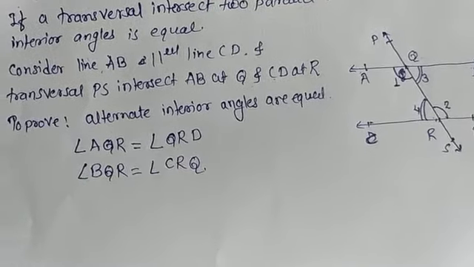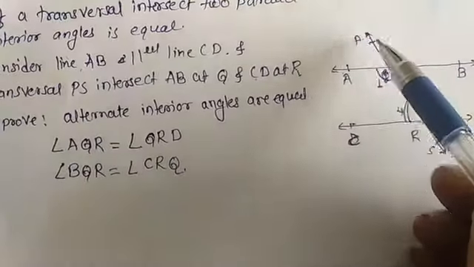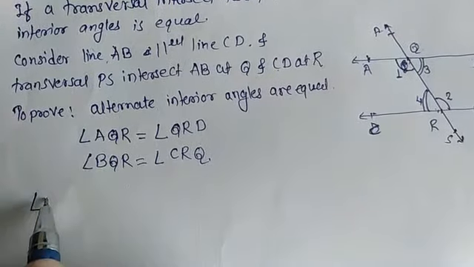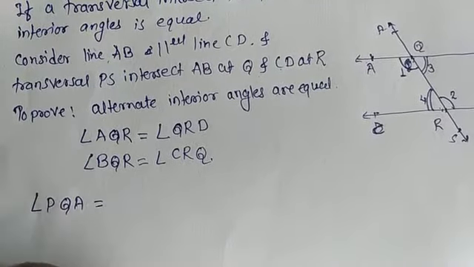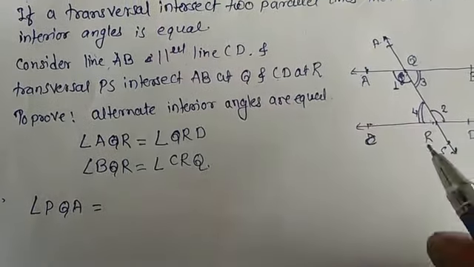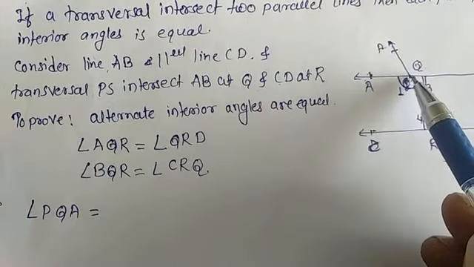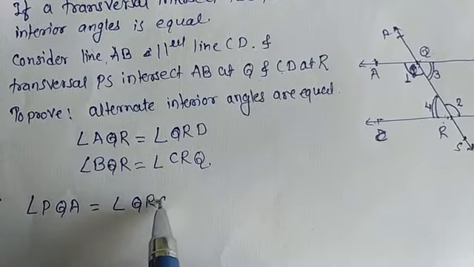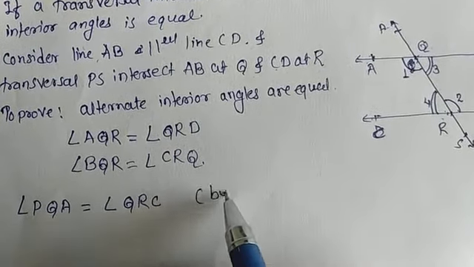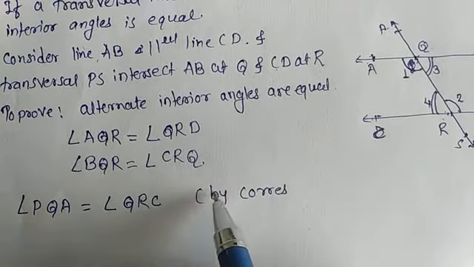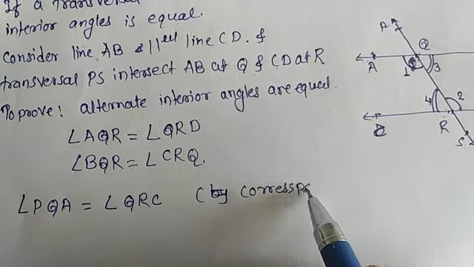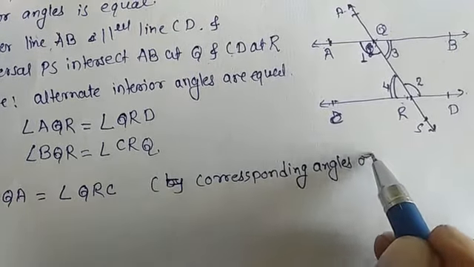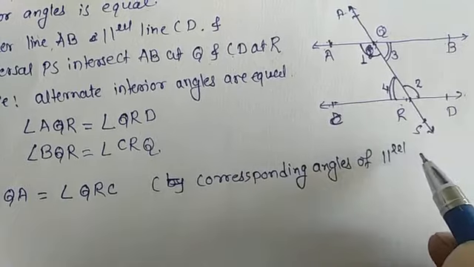Okay, now angle PQA and angle QRC are equal by corresponding angles, because they are corresponding angles of parallel lines.